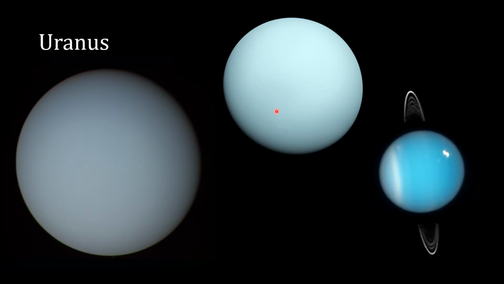A couple of fun facts about this one: Uranus is the coldest planet in the solar system, and that's one thing about it that I didn't learn until just a few years ago. The first big takeaway that I got about Uranus is that it orbits on its side.